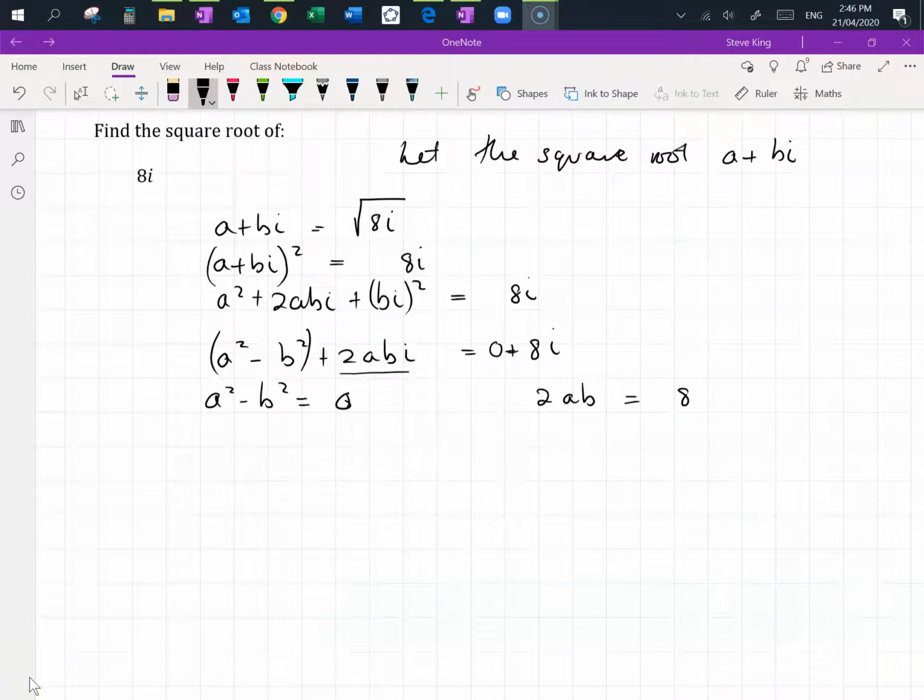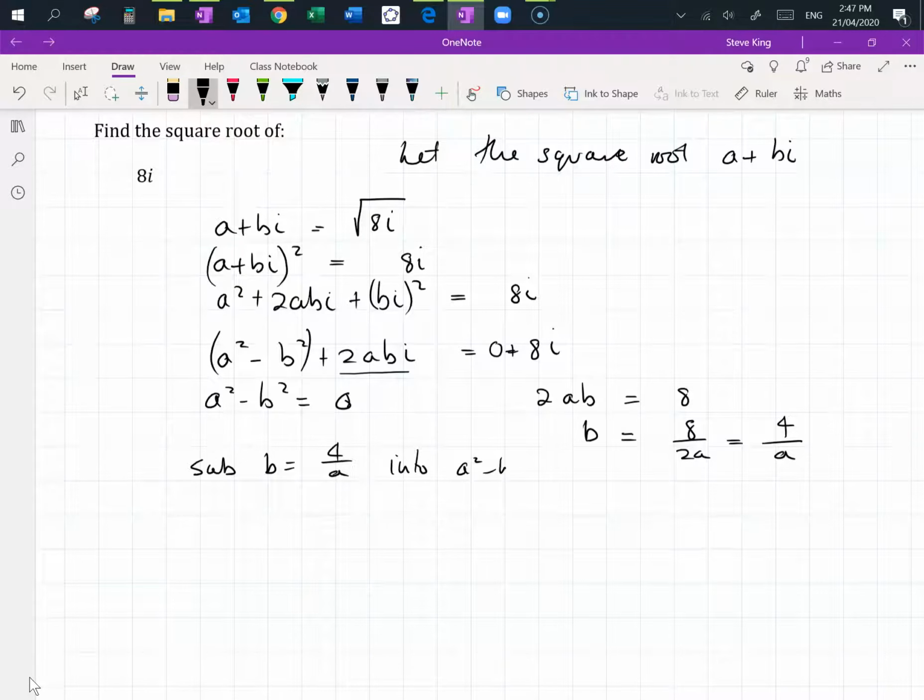I want to work out what a is first of all, so I'm going to rearrange this equation and say, right, b is going to equal 8 over 2a, or in other words, 4 over a. And I'm going to substitute b is equal to 4 over a into a squared minus b squared equals 0.